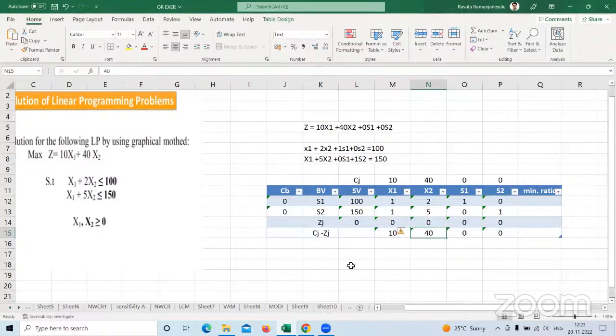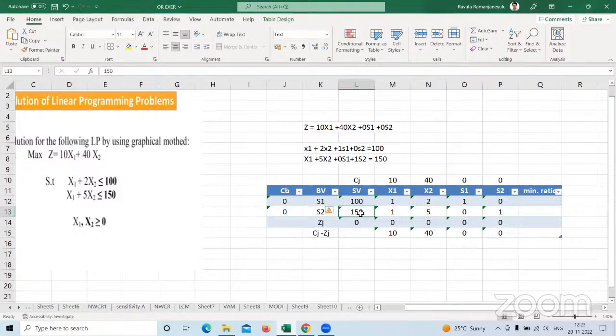Sir, what is Zj? Multiplication between? The coefficients of the basic variables into the solution values, across all of x1, x2, s1, s2. There are two equations. Which equation? Both the equations: 0 into 100 plus 0 into 150. Okay.